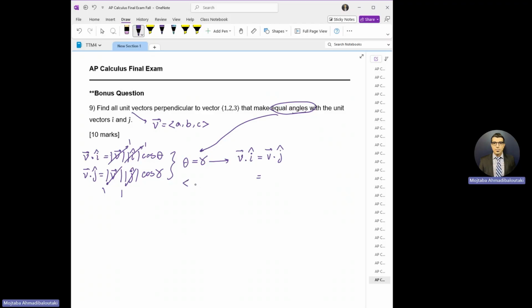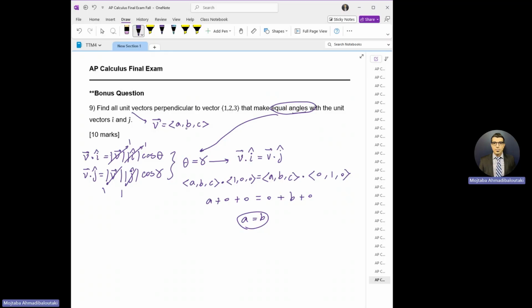So V is a, b, c, i is 1, 0, 0. And here, a, b, c, j is 0, 1, 0, right? So with unit vectors, we know how to find the dot product. That would be a on this side, and then 0 and 0. So basically a plus 0 plus 0 on this side, that would be 0 plus b plus 0. So we found a equals b, right? So we found one component of this vector.